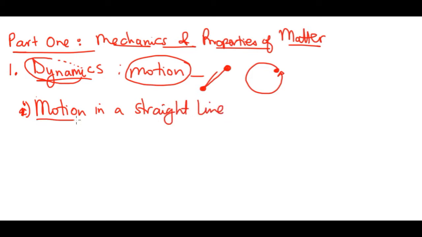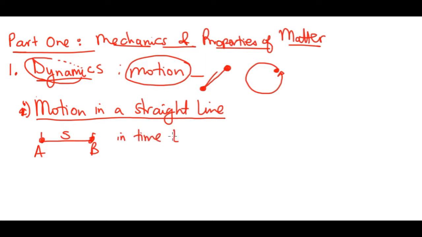As the name suggests, motion in a straight line is just motion from point A to point B in a straight line. So let's just say when it's moving from point A to point B, let this distance from A to B be denoted by S. So this object is moving a distance of S from A to B, right? And it's doing it in time t.